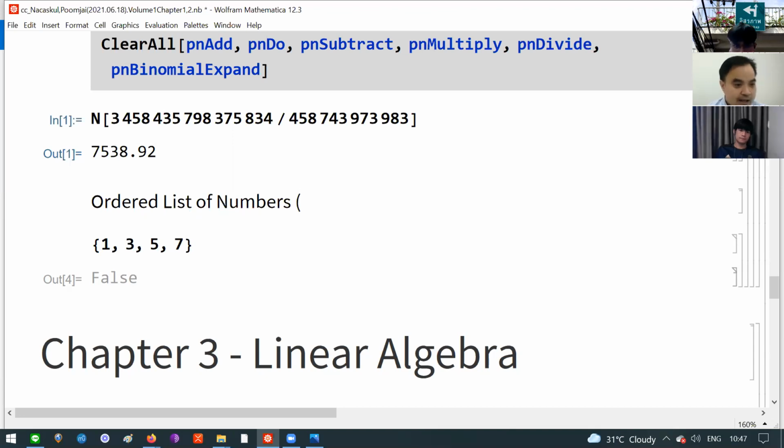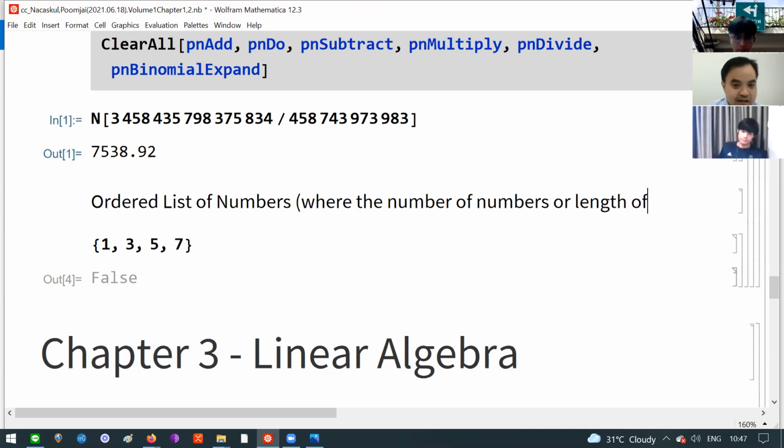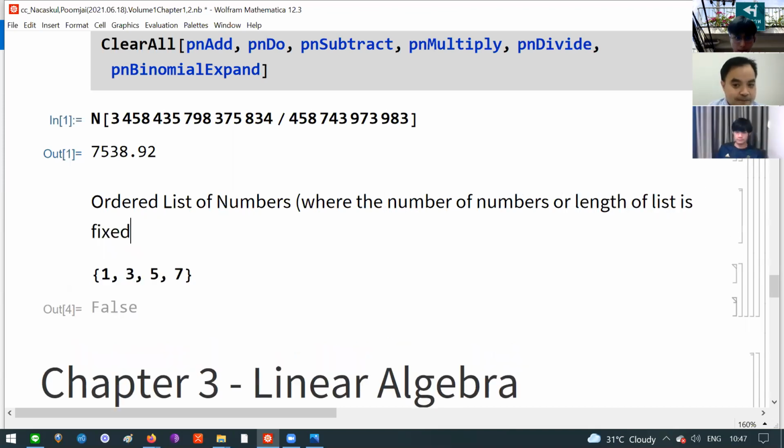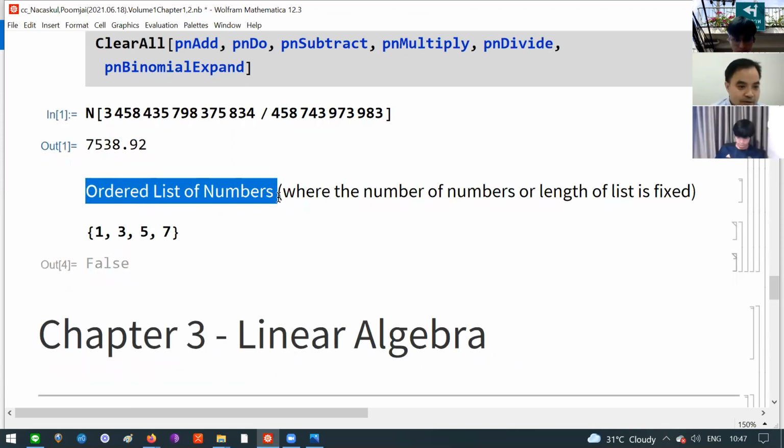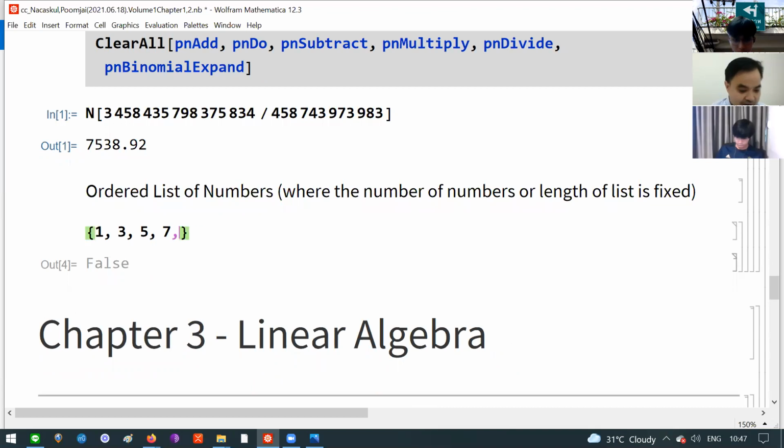I put it in a bracket where the number of numbers, meaning how many numbers there are, or the length of the list, is fixed. So I'm going to talk about an ordered list of numbers, like 1, 3, 5, 7, 2, 2, 4, 2. This is an ordered list of numbers.